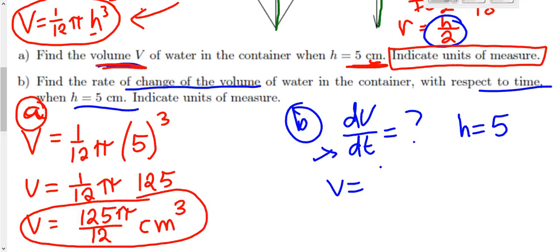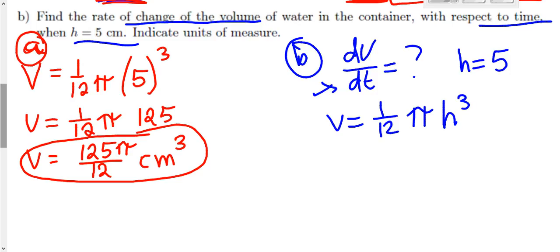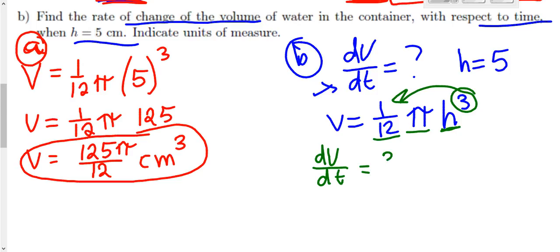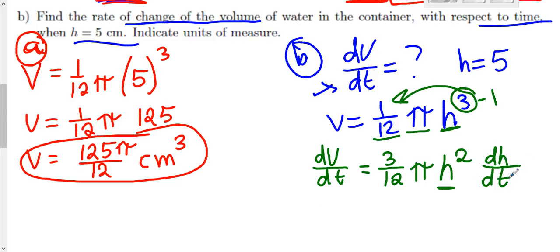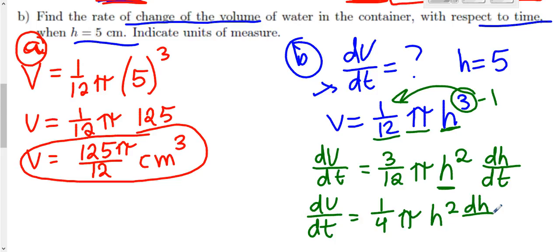Our volume is V equals 1 over 12 pi h cubed, and take our derivative to get dV/dt. So dV/dt is 1 over 12 is a number, pi is a number, so we're just taking the derivative of h cubed. So the 3 comes down, and we have 3 over 12 pi h, and then minus 1 is squared. And then because we took the derivative of h, we need dh over dt. So dV/dt is equal to 1/4 pi h squared dh/dt.